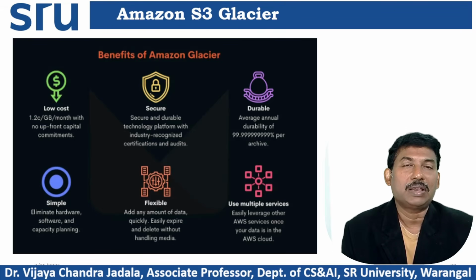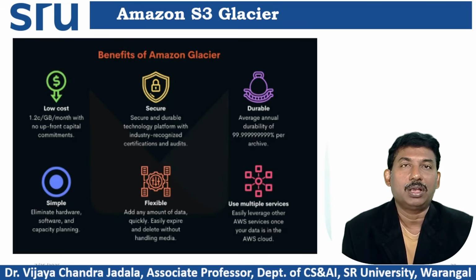Then multiple services are provided with AWS S3 Glacier, including analytics services such as Amazon Athena and machine learning training models that use the data stored in S3. Next is compute services, where AWS Lambda or Amazon EC2 can be used.